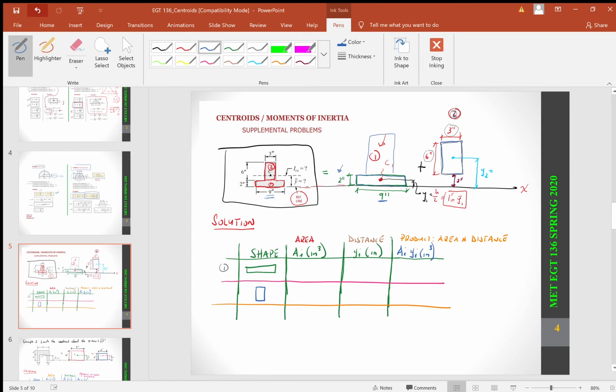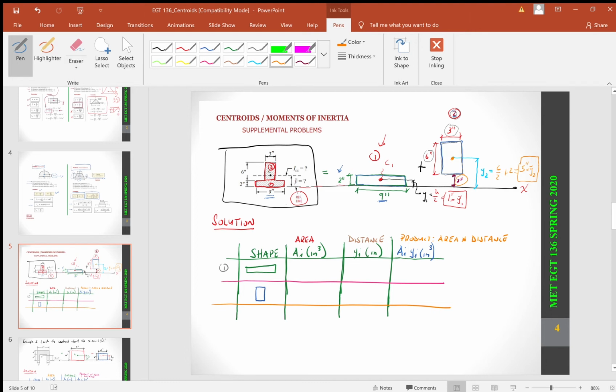So we cannot forget that part of the measurements. Our centroid, again for a rectangular shape, is going to be h over 2. Our h is 6, so it's going to be 6 over 2 plus this 2 inches right here. That's going to give us 5 inches, equals our y bar 2.